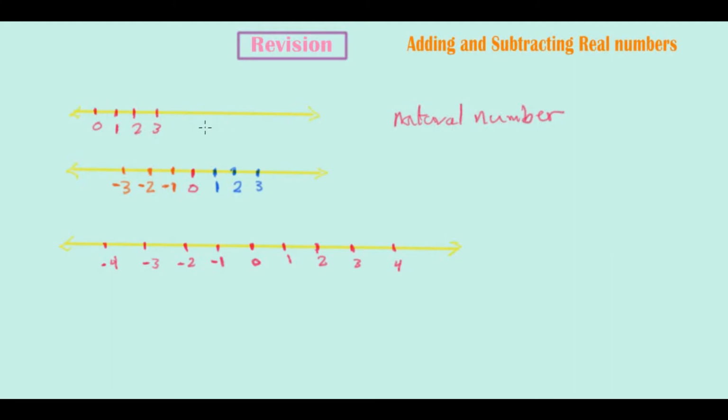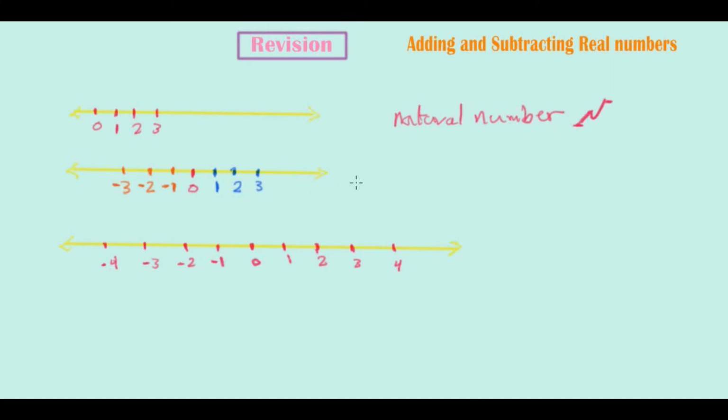So when we represent this set on the number line, we just put 0 here at the left. After that 1, 2, 3, and all numbers in our set are positive on the number line, and we symbol that set as the letter N. So we use the letter N to symbol the set of natural numbers.